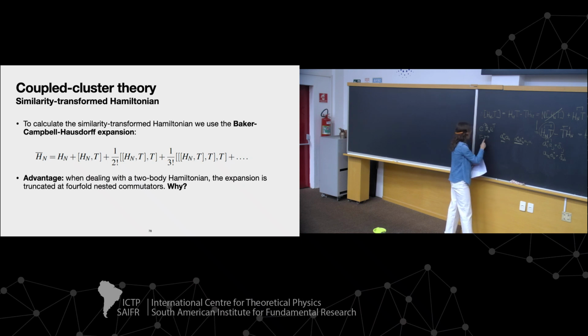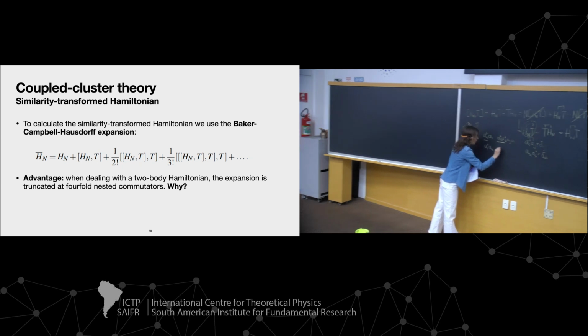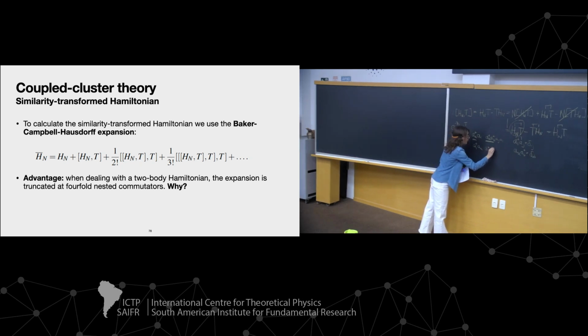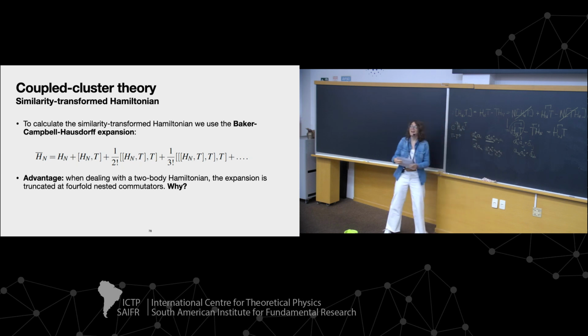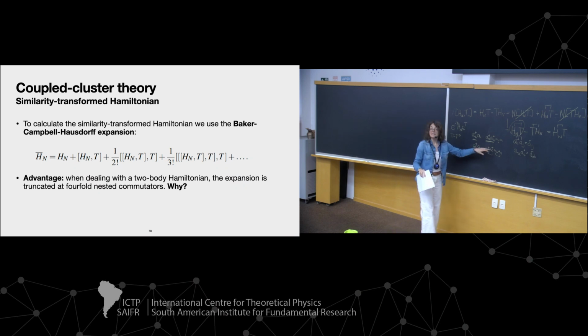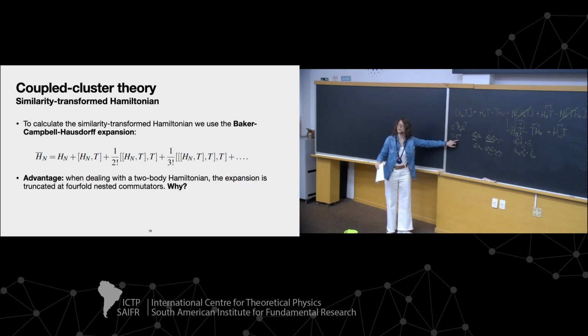So we will have terms like a_i dagger a_a, or a_a dagger a_j, well, okay, we have to switch the indices. But terms like this also contribute if we take into account this T dagger.